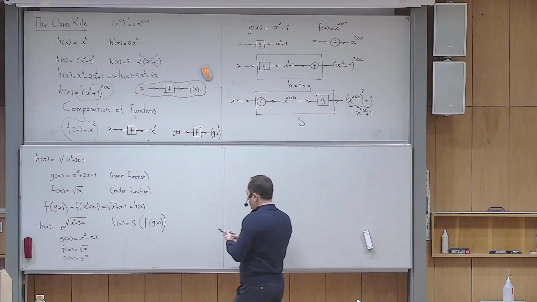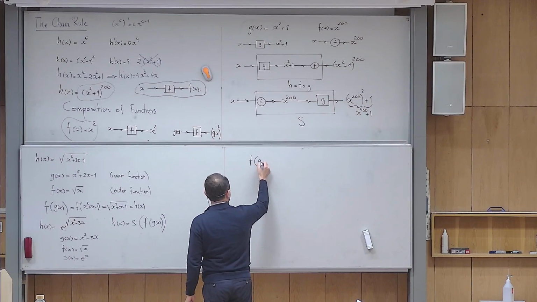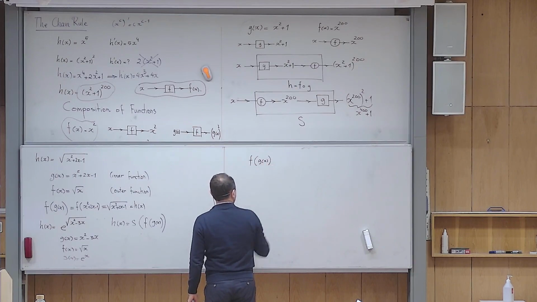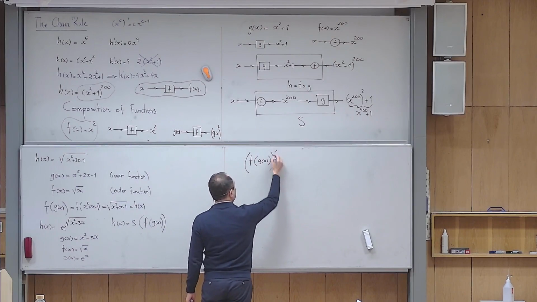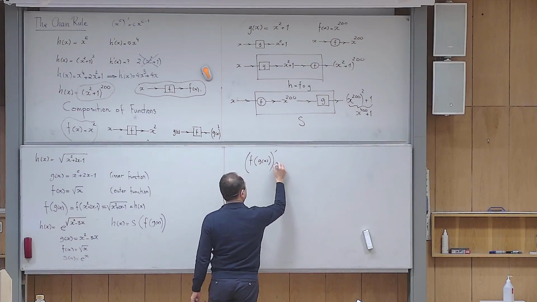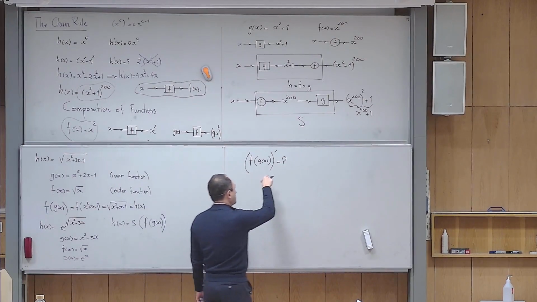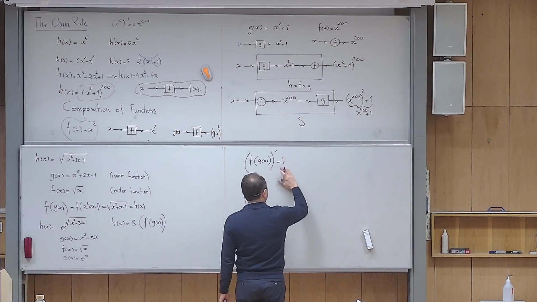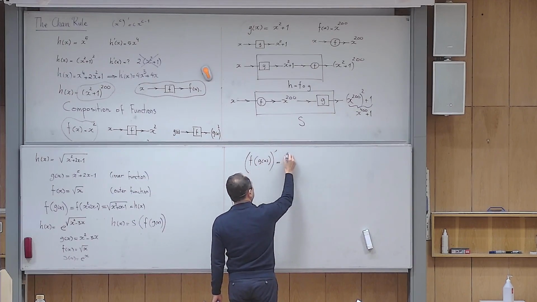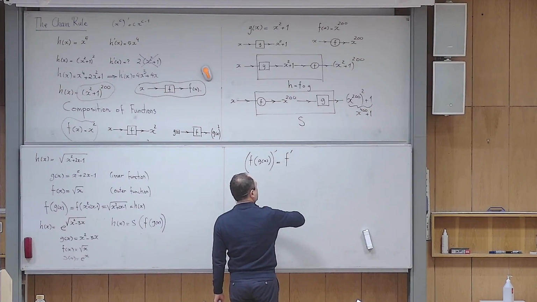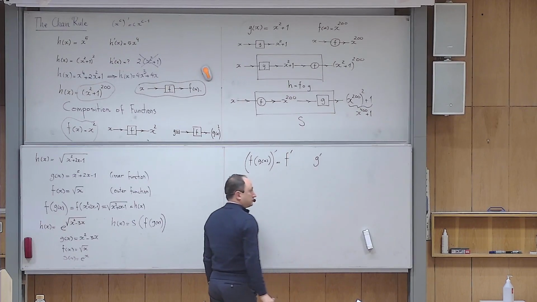The chain rule tells you that if you have a function coming after g, and I ask you to find the derivative of this, how do you calculate this? This is the answer. This is the chain rule. It tells you that this is equal to: you calculate the derivative of the outer function, you calculate the derivative of the inner function, okay?